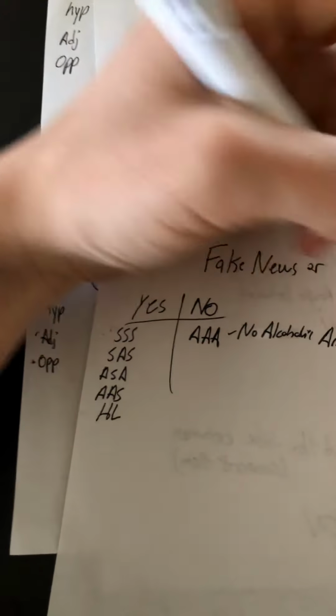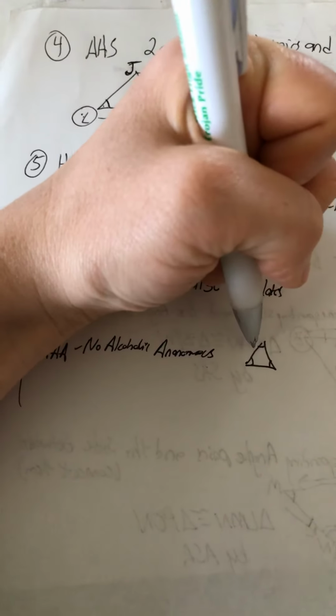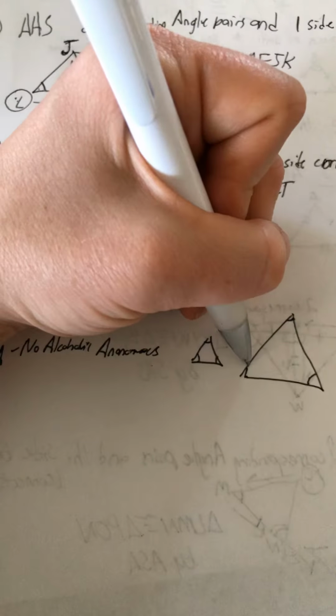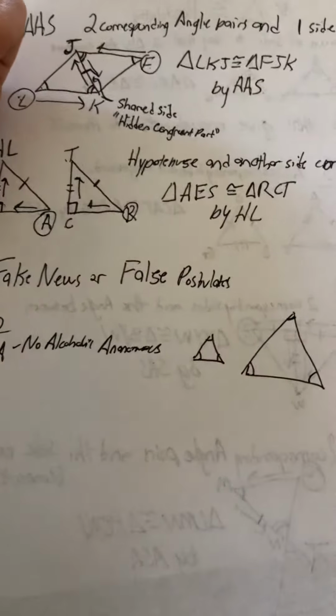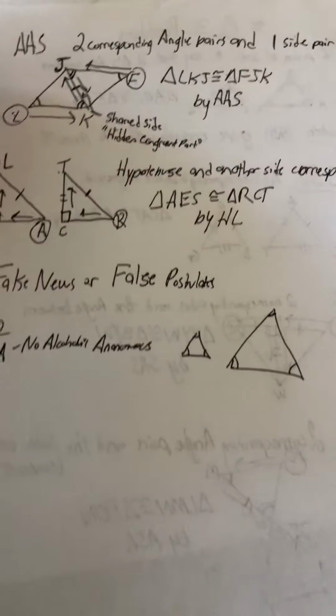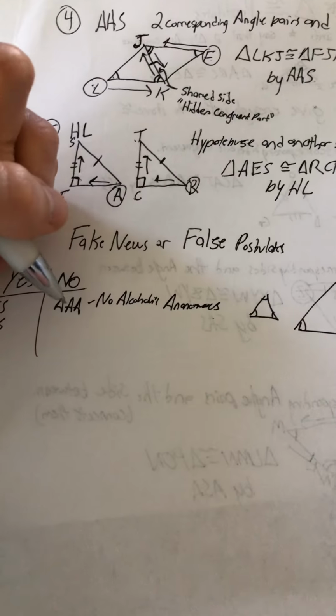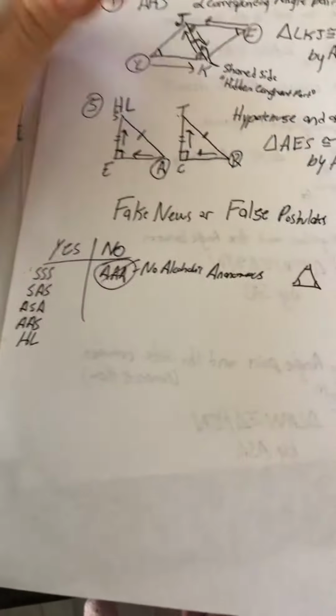Because I can have a triangle where the sides are congruent like this equilateral. So the angles are all congruent like this equilateral. And I can also have a triangle that's been dilated, and so all its angles are congruent as well. Okay, but they're not the same shape or same size. So that is a dilation or a similar figure, not congruent. So AAA does not work.